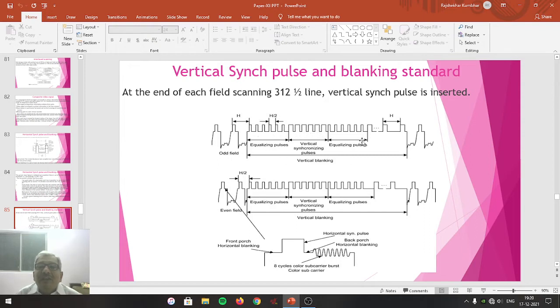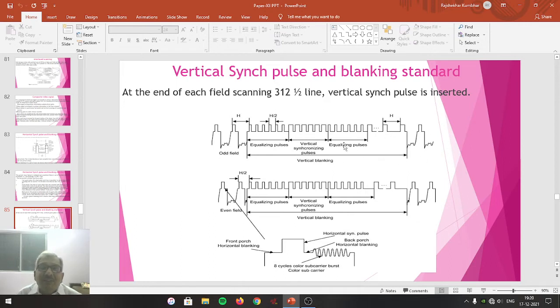After retrace period of 312.5 lines, the next horizontal trace begins. Next even field begins and again picture information is going to be scanned. Then further horizontal blanking pulse and so on.